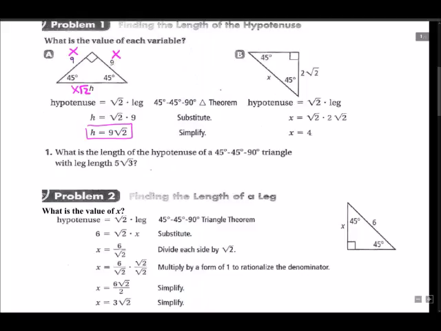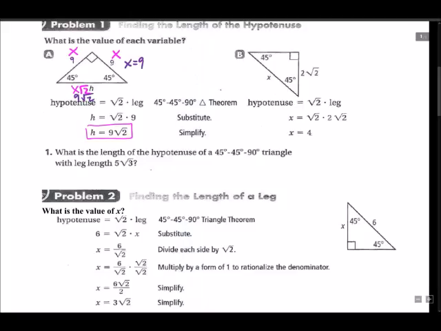Well, what do I know on this particular triangle? I know that x is 9. That's the length of my leg. So I can simply just put in a 9 here for x, right? You know how to substitute. x now has a value. You go and you find all the x's and you put in 9. So the hypotenuse is 9 square root 2.